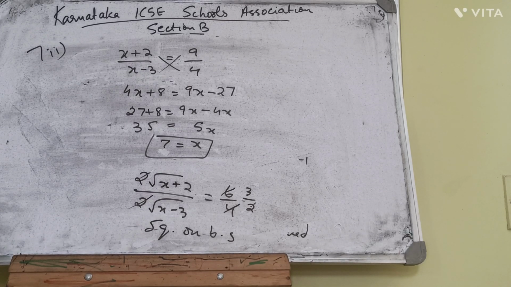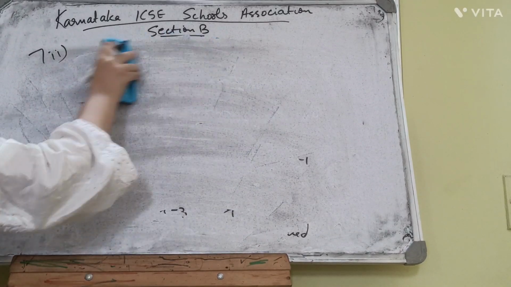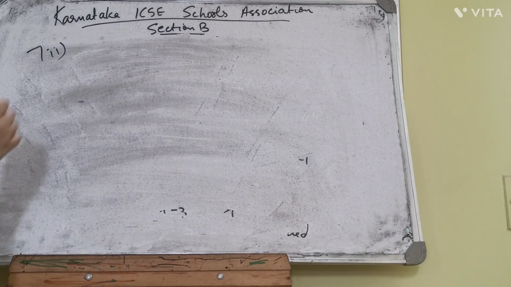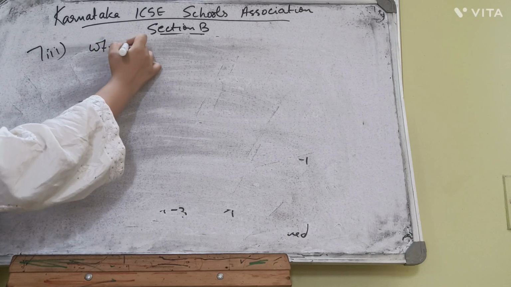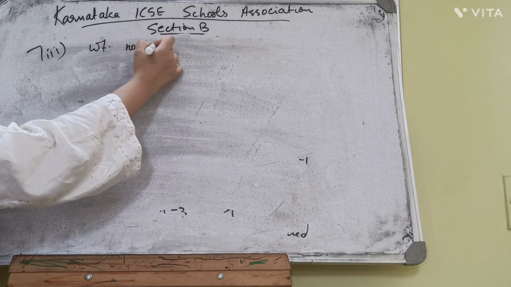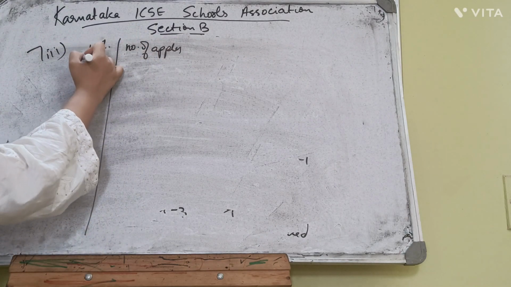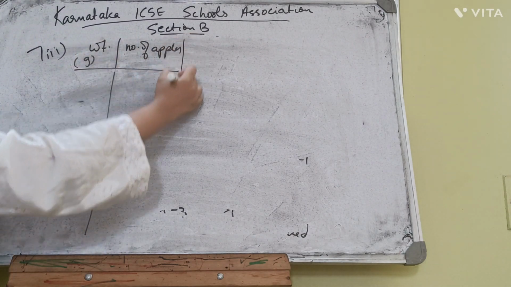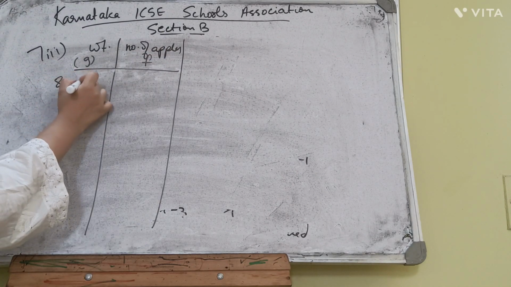Question 7, third one is a question from mean median mode, where you need to calculate mean by using step deviation method. They have given weight and number of apples. Weight is mentioned in grams. So this will be our frequency.